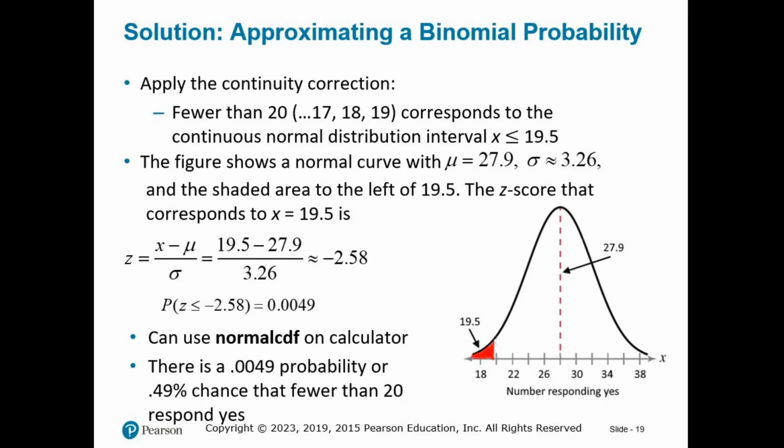You can use the standard normal table or the normal CDF function on your calculator using a large negative number as your lower bound to figure this out. You should get about 0.0049. So there is a 0.0049 probability, or a 0.49% chance, that fewer than 20 respond yes, they have an HGTV. Not too bad. Okay, let's do another.